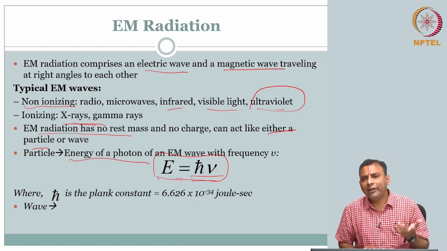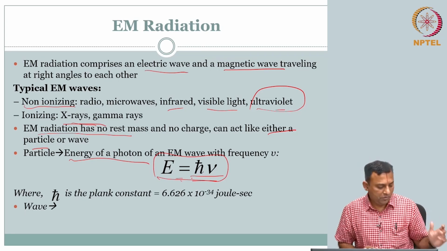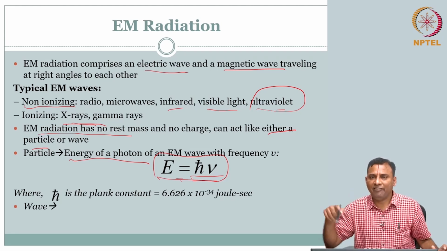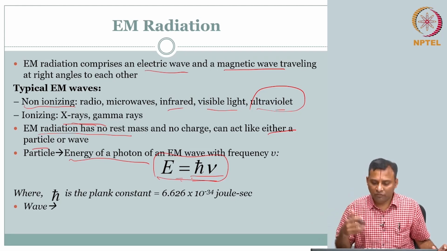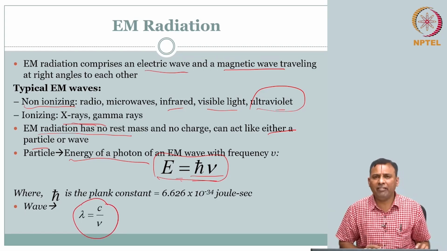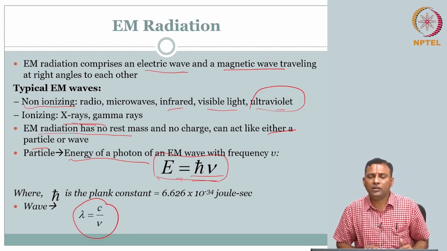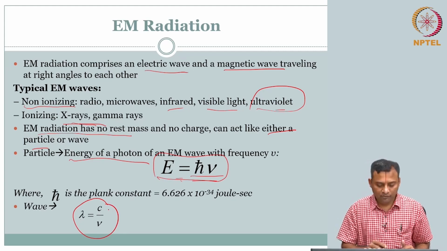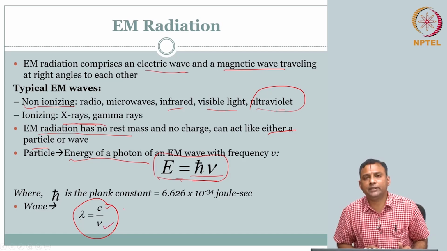So when you talk about waves, typically how do you characterize a wave? You have to have some wave velocity, some wavelength, some frequency, right? So that is your binding equation. If you have to describe a wave, you need to know this relation between wavelength, velocity and frequency.